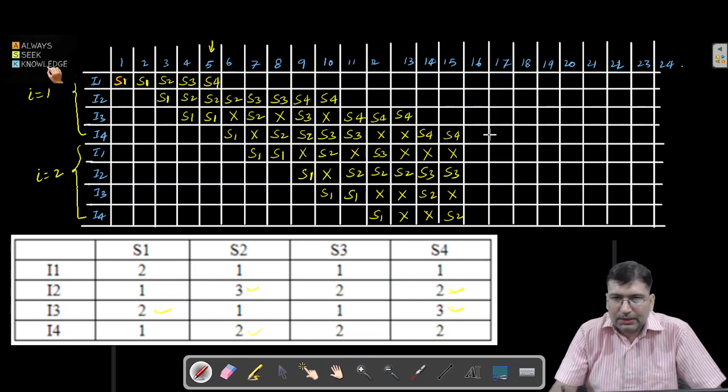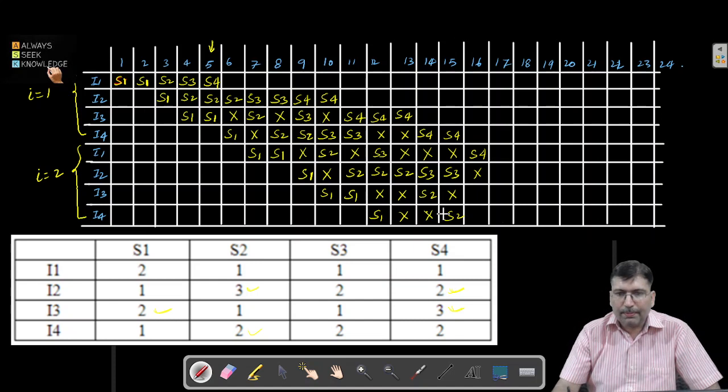Now because I4 is ended here, this I1 can be shifted to S4. Once I1 has been shifted to S4, after 2 machine cycles, I2 can be shifted from S3 to S4, but S4 is busy, so it will not be.